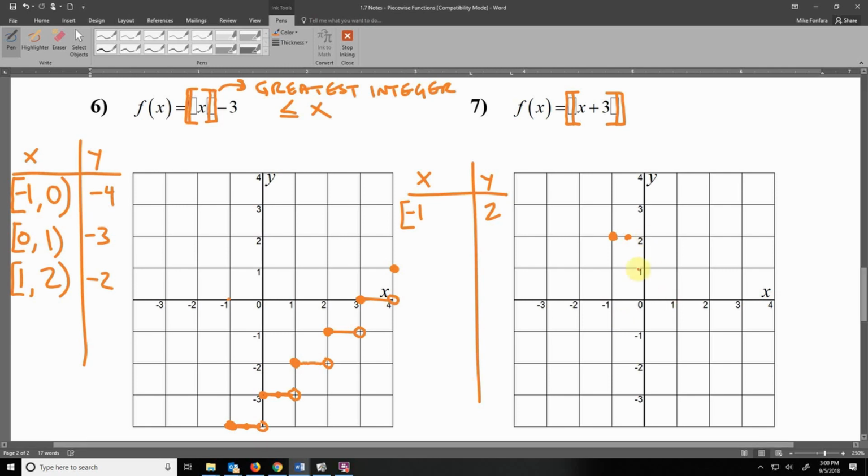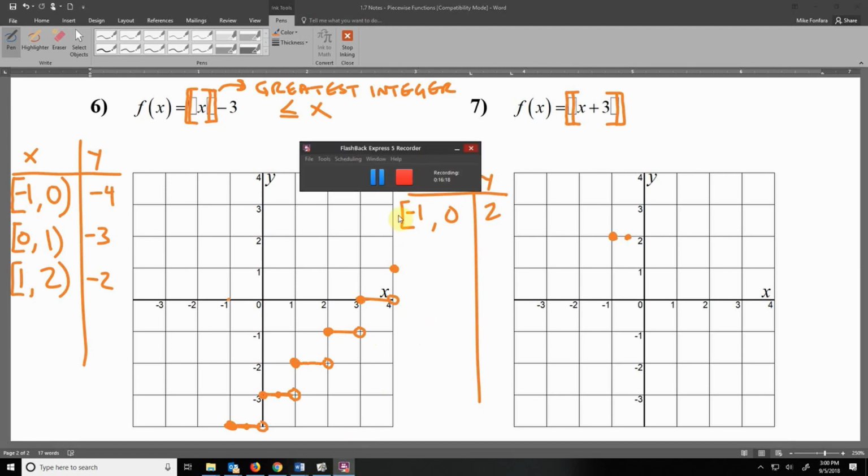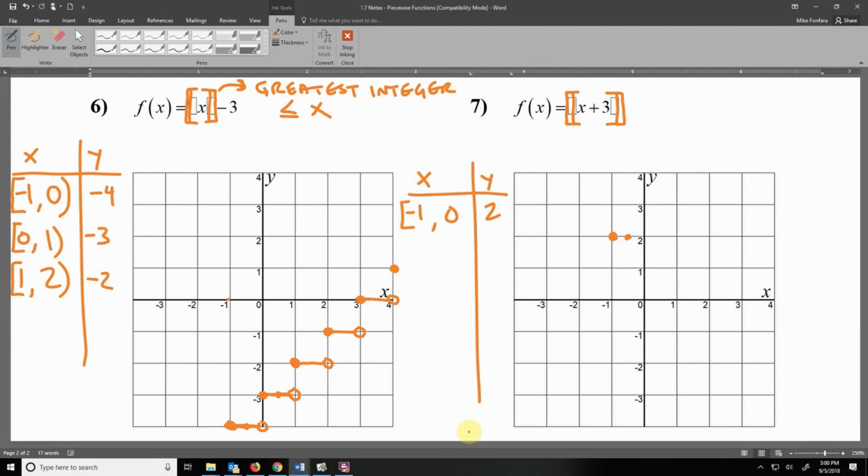If I go all the way to 0, say I put in a 0, plus 3 is 3, and the greatest integer less than or equal to that is 3. So once I put in a 0, I have an output of 3. So from -1 up to, but not including 0, I had an output of 2.